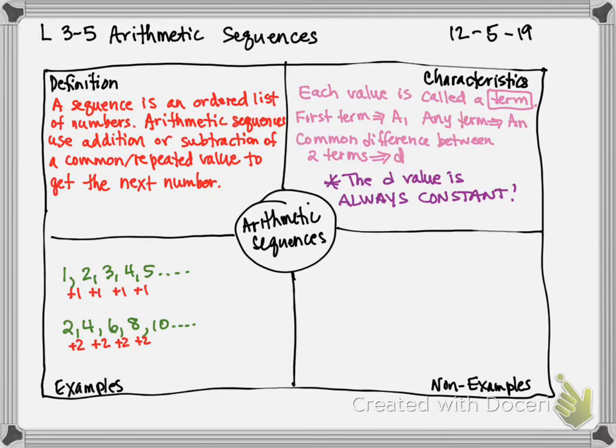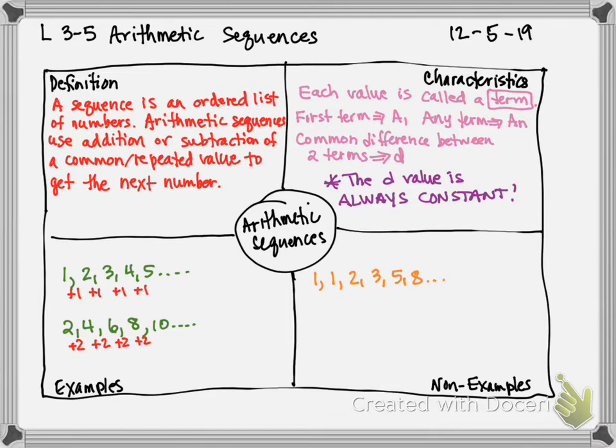Okay, so let's talk about some sequences that are not arithmetic, but they are sequences. 1, 1, 2, 3, 5, 8, and so on. Now, if this was arithmetic, to get from 1 to the next number, I would be adding the same amount.